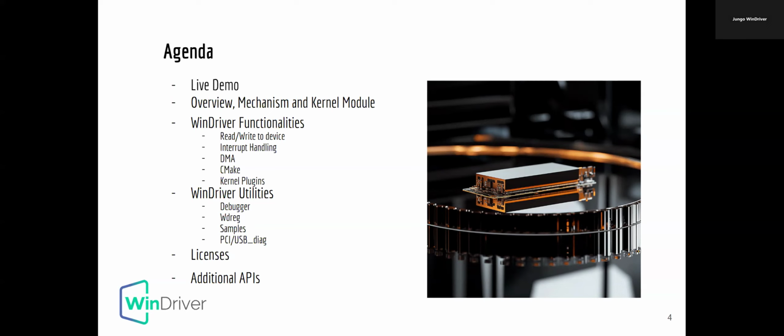Then we will run our user app, our executable file that will include the functionalities we implemented via the no-code solution, WinDriver, of course. Then we will have an overview, dive into the mechanism of how it works, go through the major functionalities, the most common ones at least, talk about the utilities we offer that come with WinDriver, and then wrap it up with APIs.